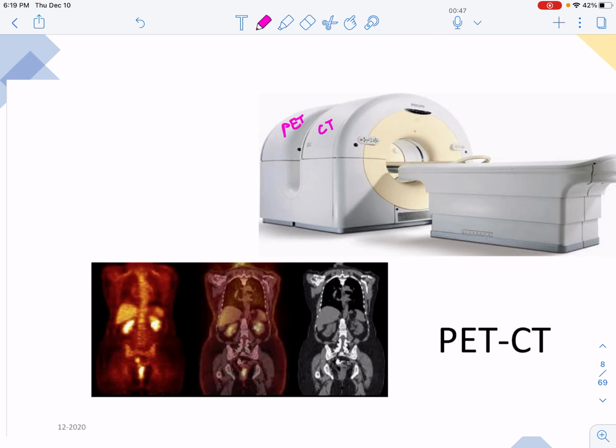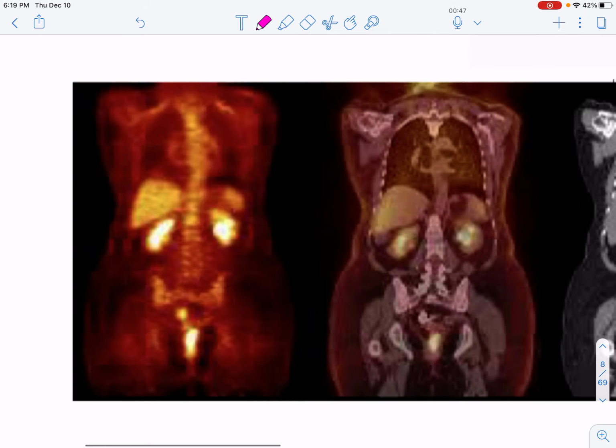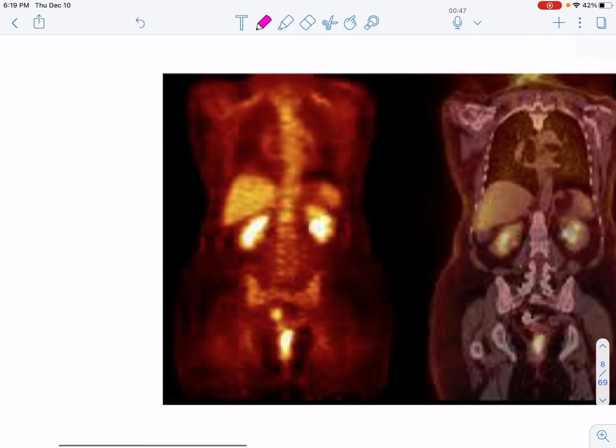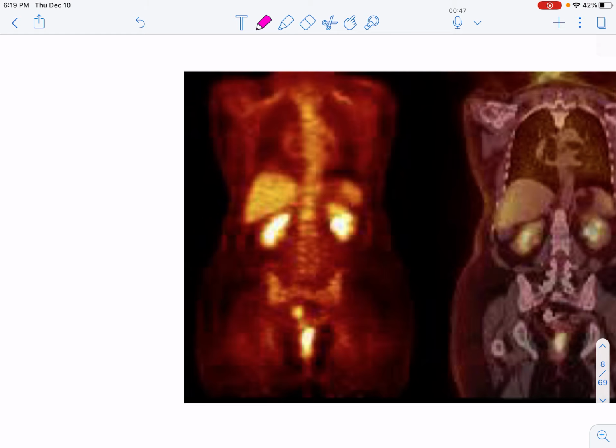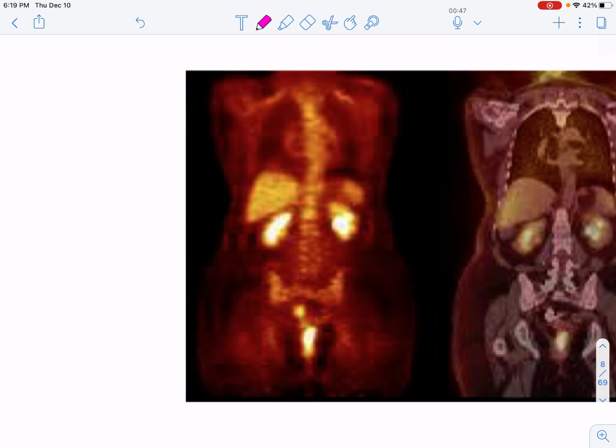هي أصلا a fused imaging which is so great because, if we can see, this is only the PET. We see increased uptake, but we cannot actually locate the vertebra, which exactly has the radiopharmaceutical. If there is a lesion, I cannot locate it exactly just from the physiological part.